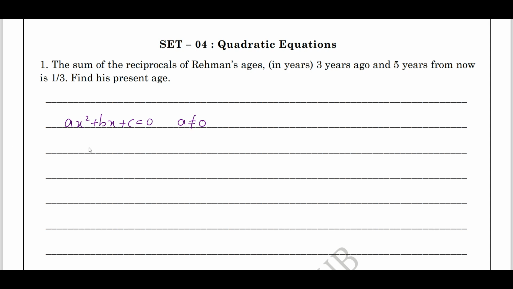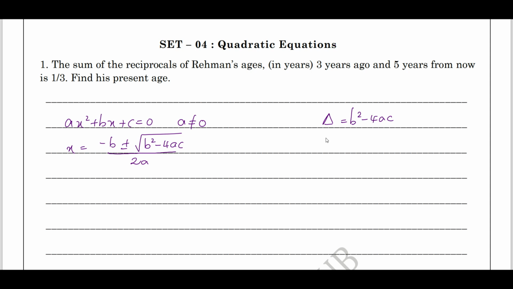And also the quadratic formula: x equals minus b plus or minus square root of b square minus 4ac divided by 2a. And also discriminant delta equals b square minus 4ac.